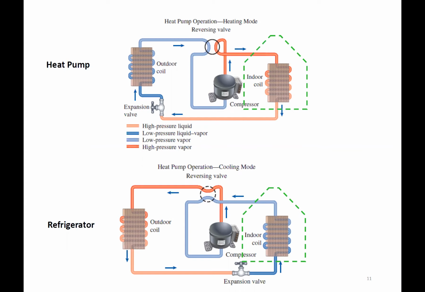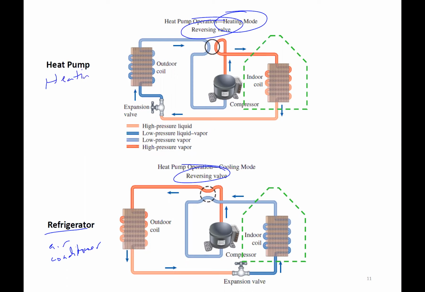So instead, we move where the flow is going through what device at what time. And that's what you see here. You have basically this reversing valve that's switching when you go between those modes, okay? So here's basically your air conditioner mode down here, the refrigerator, air conditioner mode, and then you have your heat pump, your heating mode, right?